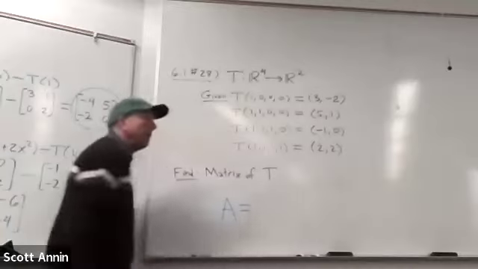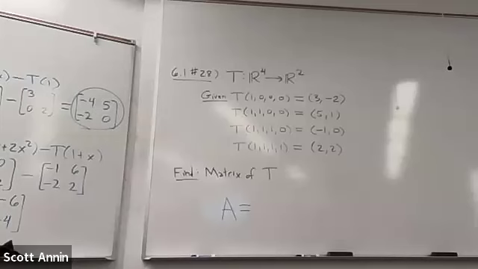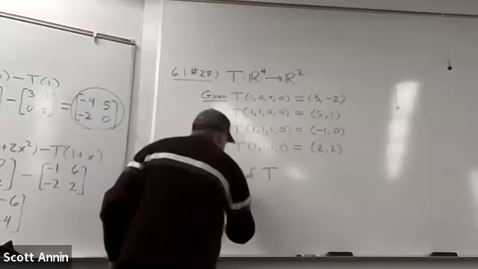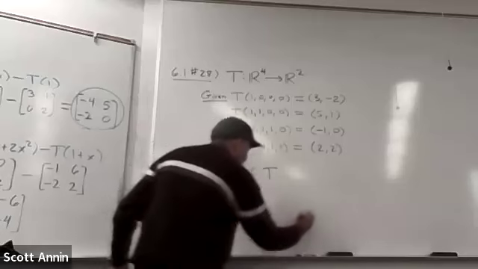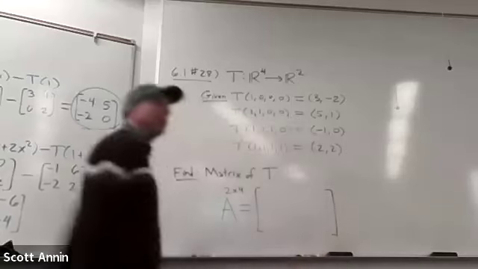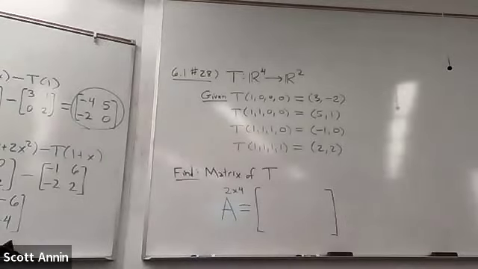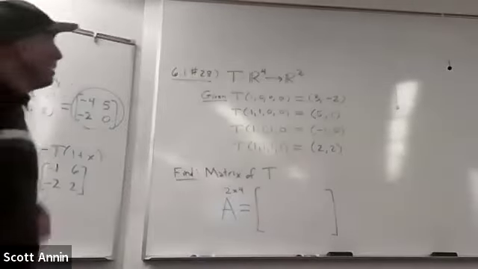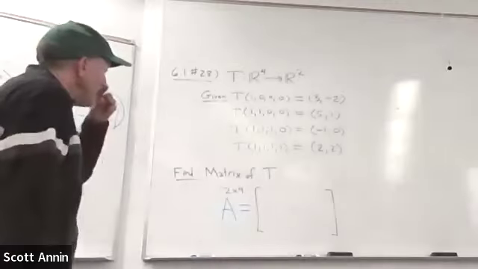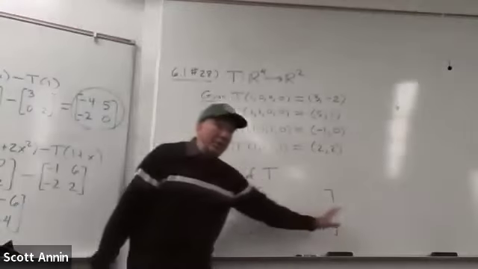I'm going to call it capital A. In this case, do you know what size the matrix would be? 2 by 4. Everybody's got that down. Perfect. Let me get myself set up with enough room to put that here. It's going to be a 2 by 4 matrix for sure. And then let's see if we can remember how to fill in the matrix now.